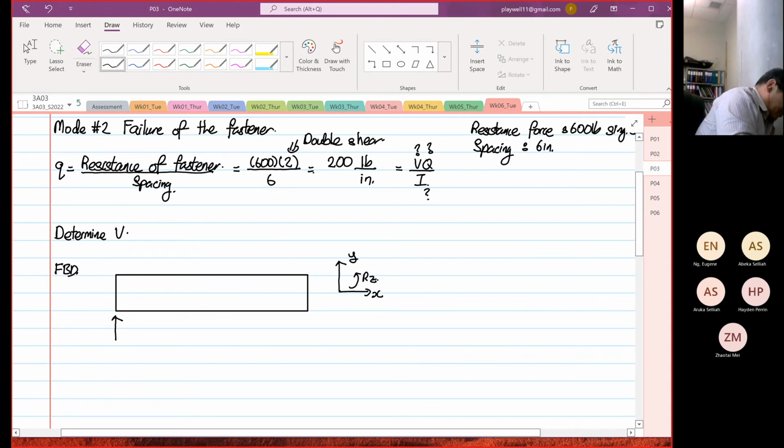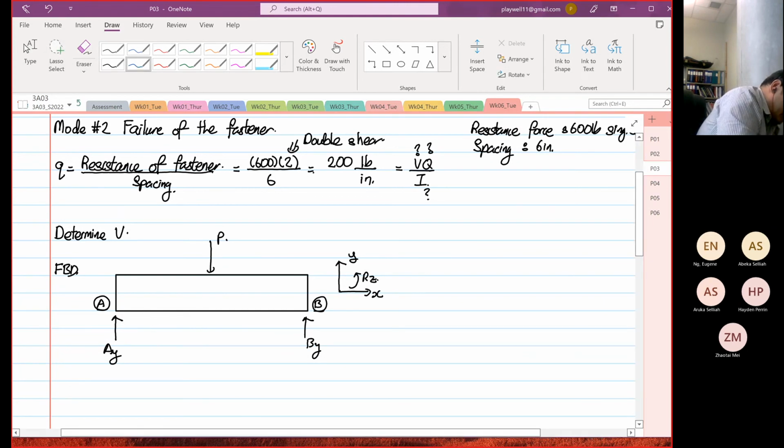I'm going to call this our point A. This is our point B. So this is our AY, and this is our BY, and then we have a force applied down here, which is equal to P.